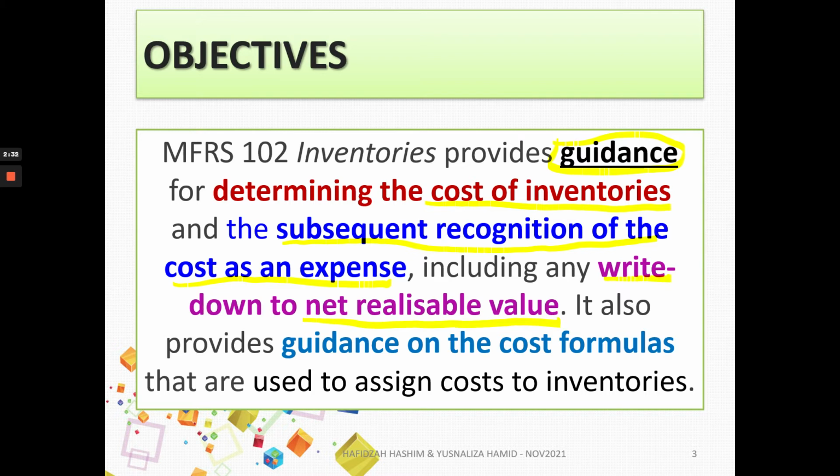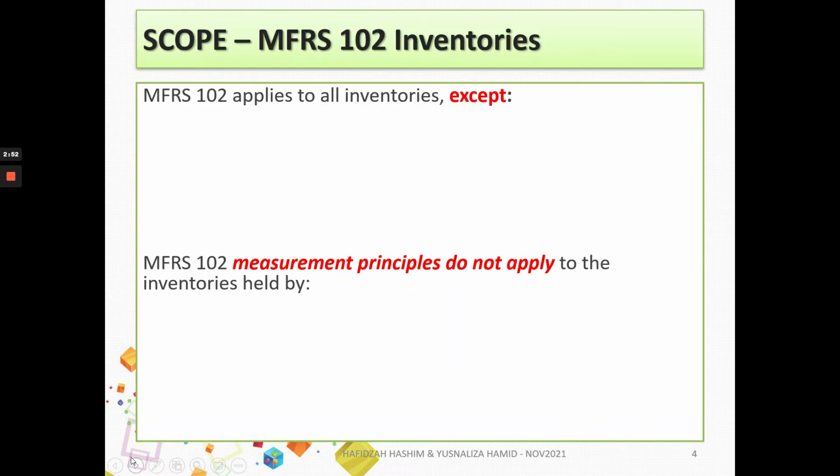So this MFRS is actually dealing with the application aspects of MFRS 102 to the inventories. It also provides some guidance on the cost formulas that are being used to assign costs to the inventories. So that is the objectives of MFRS 102.